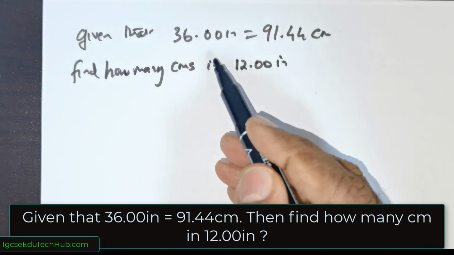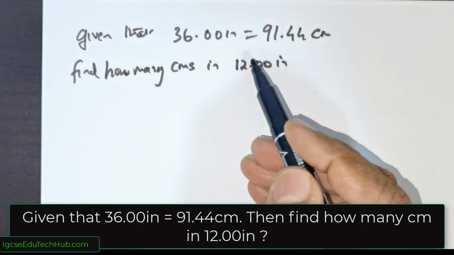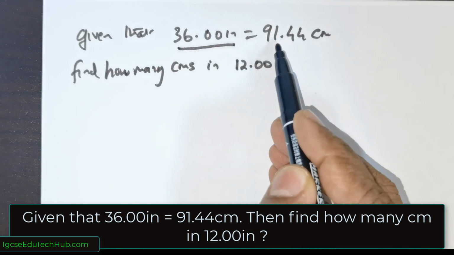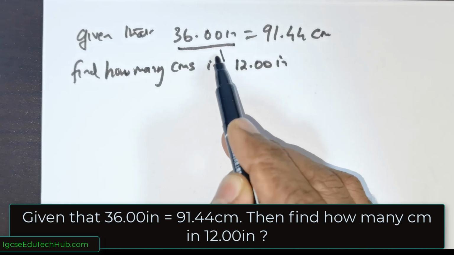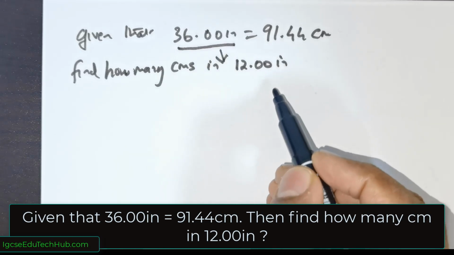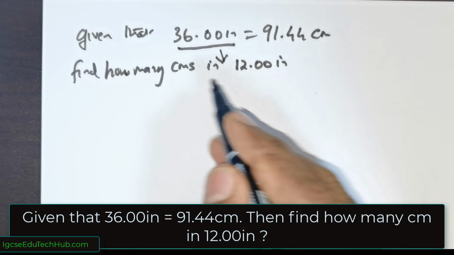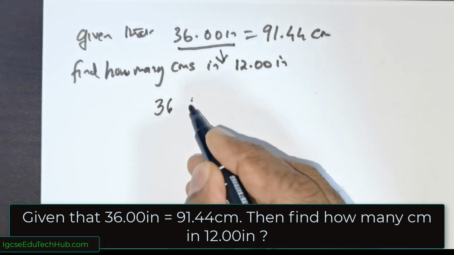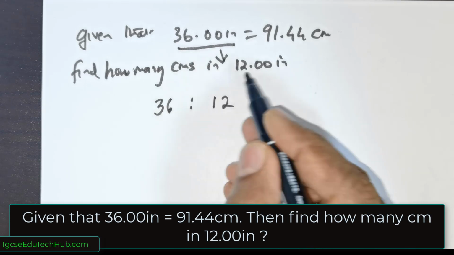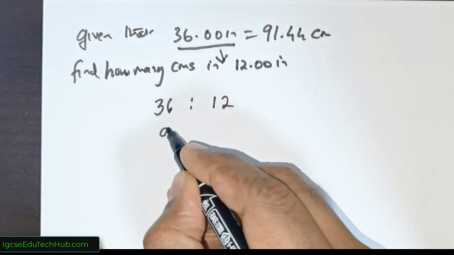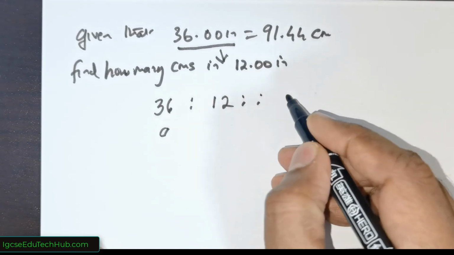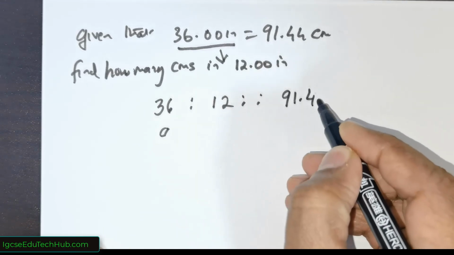Okay, now you can actually visualize it like this. 36 inches is actually dropping to 12 inches, right? So we can set up the proportion in this fashion. From 36 it is dropped to 12, so this is actually connected to 91.44.